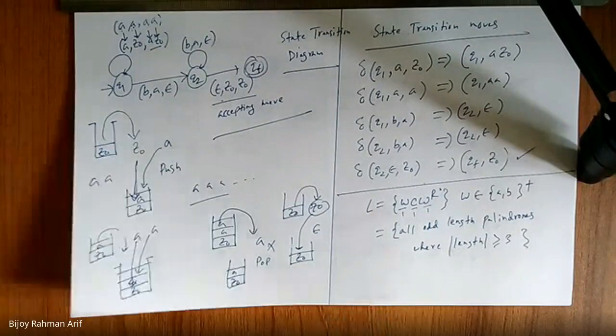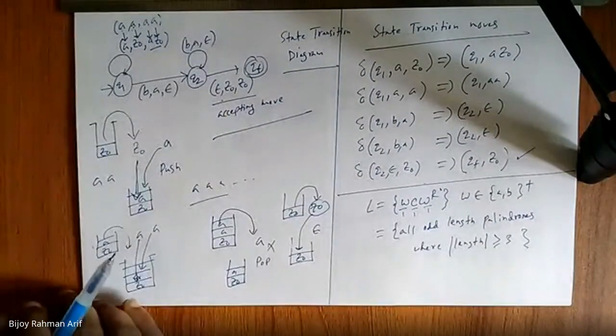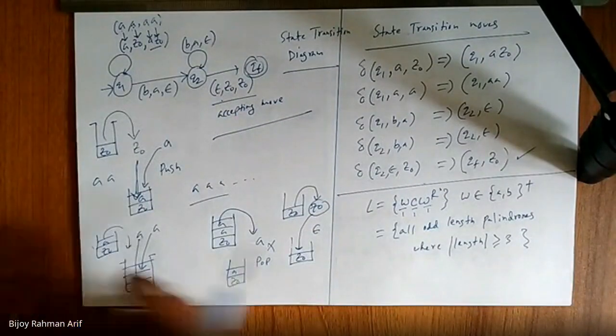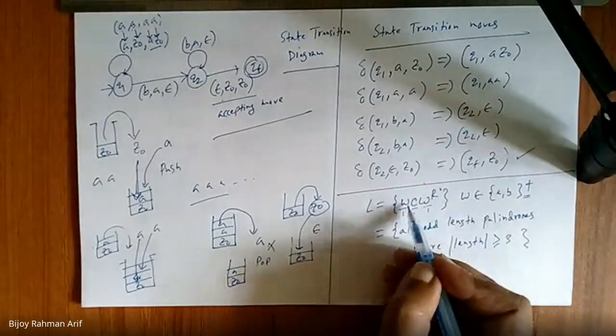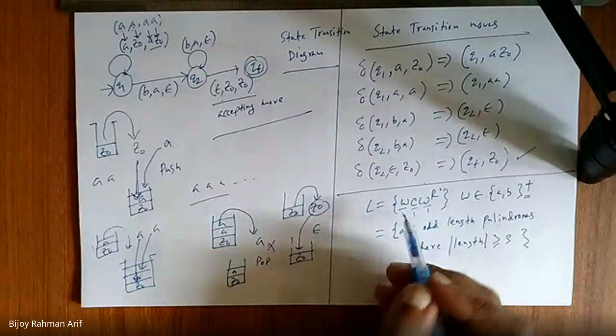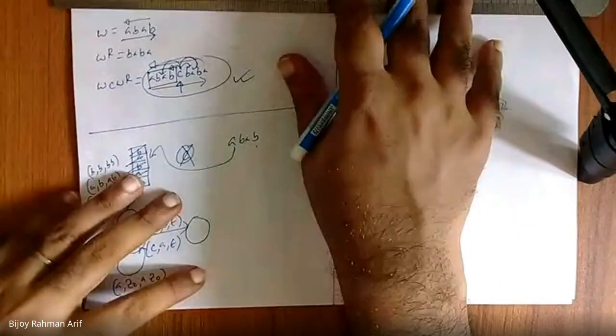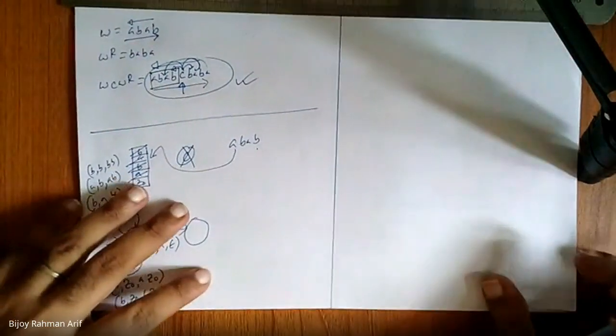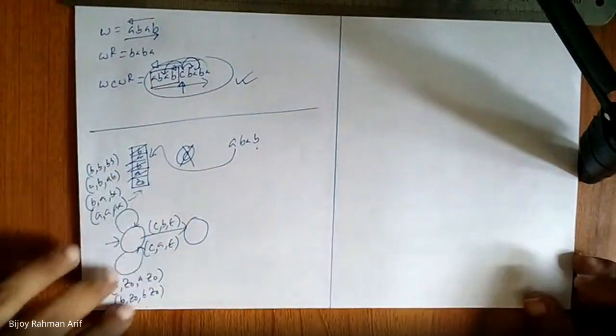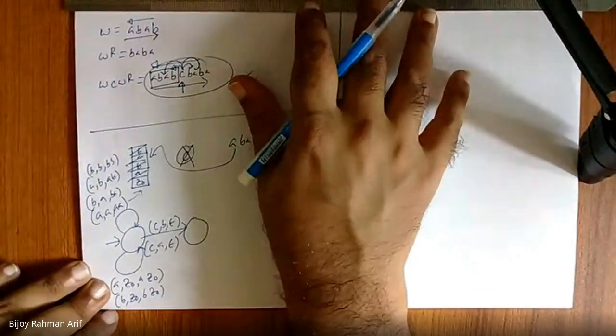It is inside the language definition. What is this? AB plus. What is the meaning of this? At least the length is one. Epsilon is not included, good. Don't guess blindly.